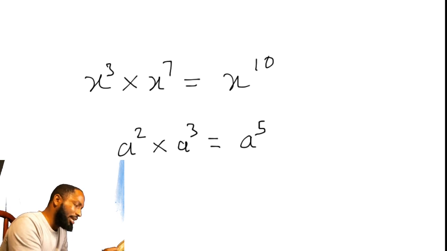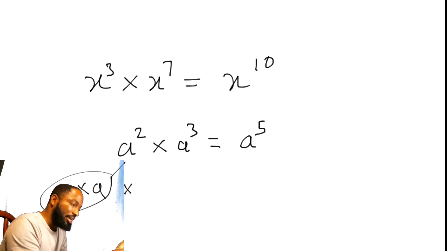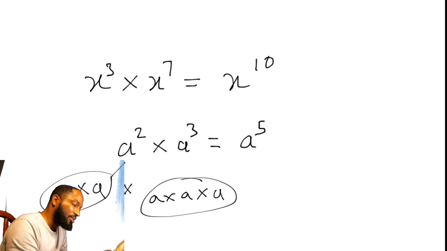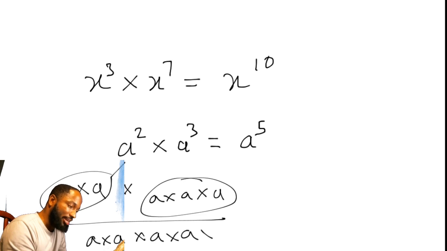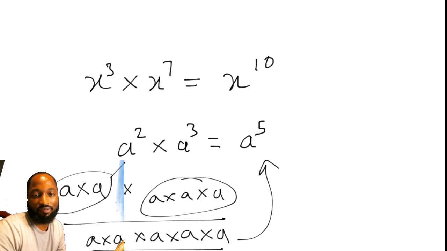Now, this is a by a, because that's a squared, multiplied by a cubed, and a cubed will be a by a by a. So if I put it all together, I will end up getting a by a by a by a by a. How much is that? A to the power of 5. So that's how this index thing works.